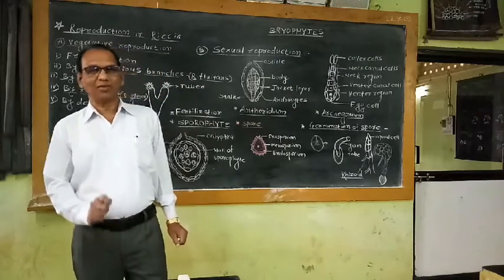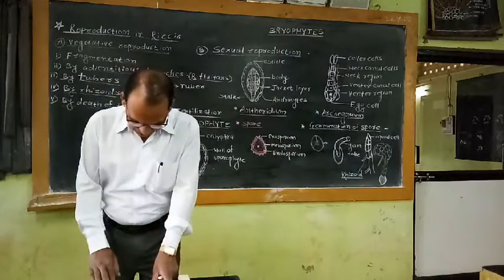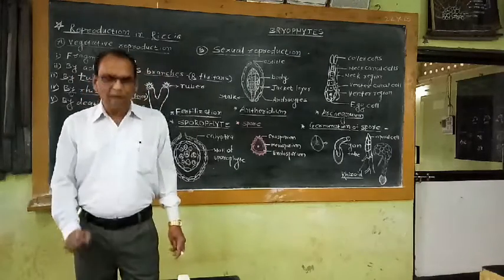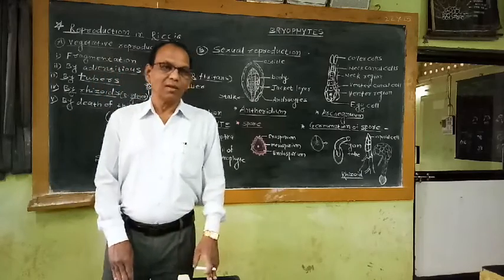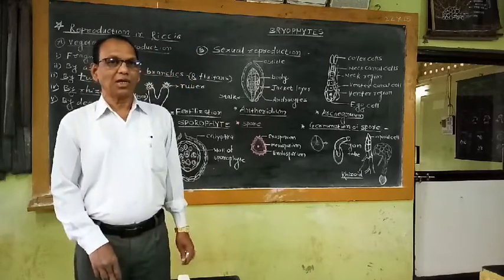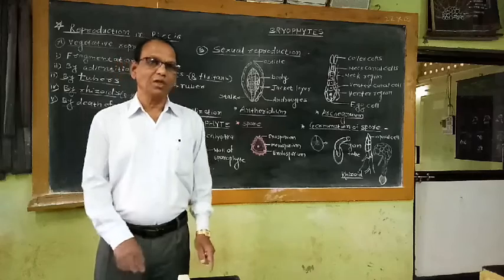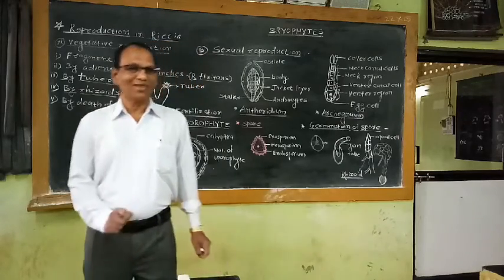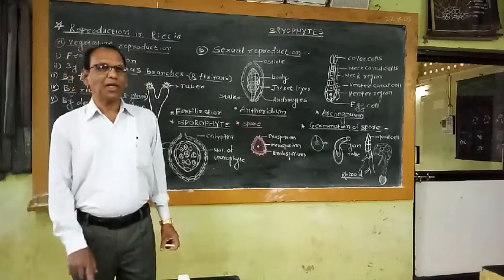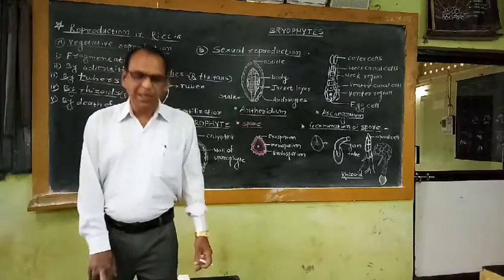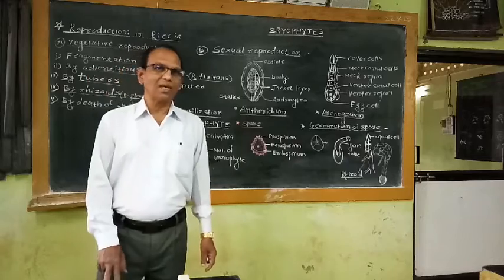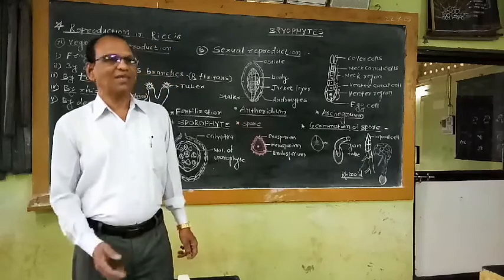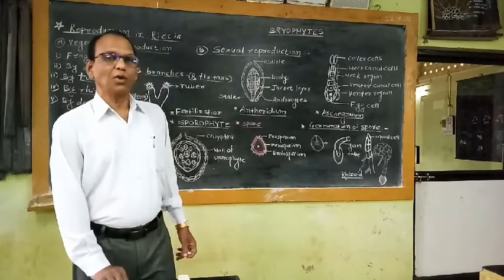Death of the whole thallus takes place except the apical region, and after the death of the thallus, the rest may be buried in the soil. This apical cell in the apical region has the ability to divide, redivide and produce the new thallus in the next season, in the next year during the rainy season.